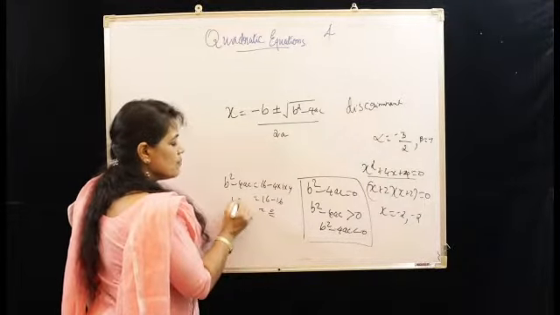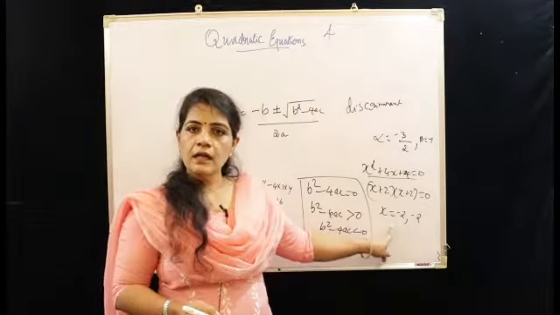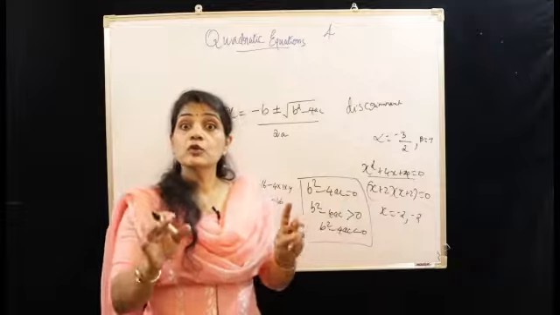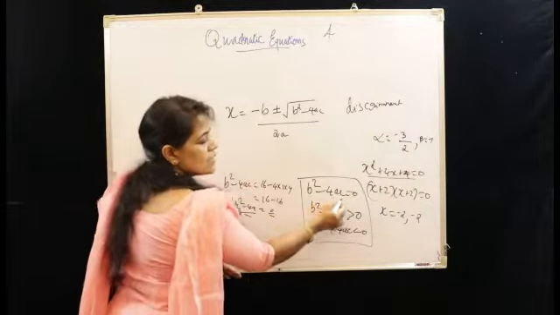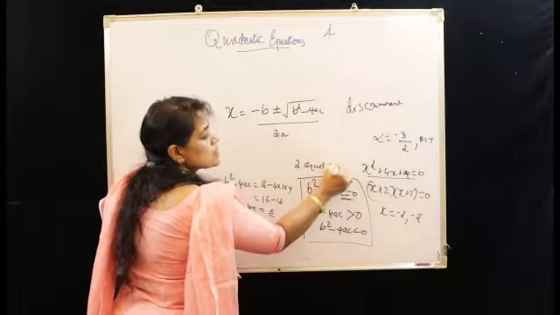That means b square minus 4ac is equal to 0, so both alpha and beta are the same, minus 2. That means two equal zeros, two equal roots.